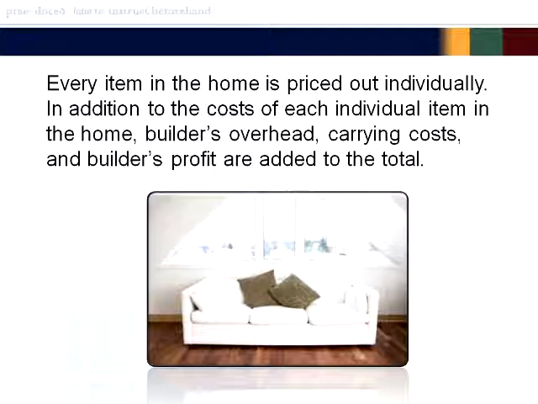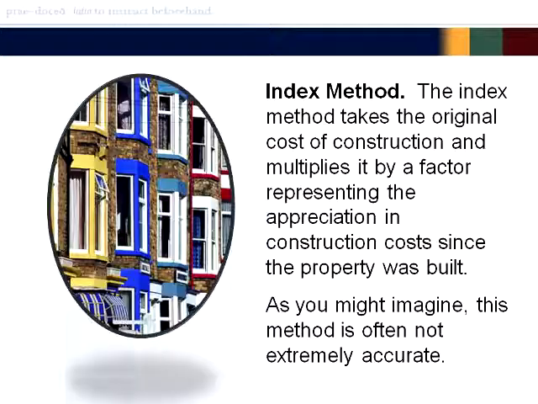In addition to the cost of each individual item in the home, builder's overhead, carrying cost, and builder profit are added to the total. Index method. The index method takes the original cost of construction and multiplies it by a factor representing the appreciation and construction cost since the property was built. As you might imagine, this method is often not extremely accurate.